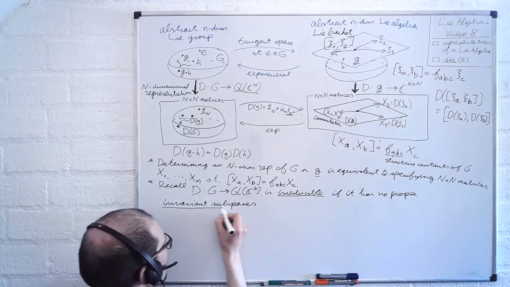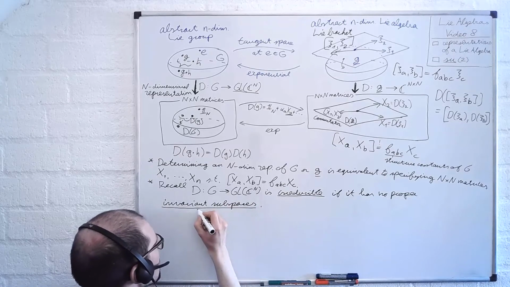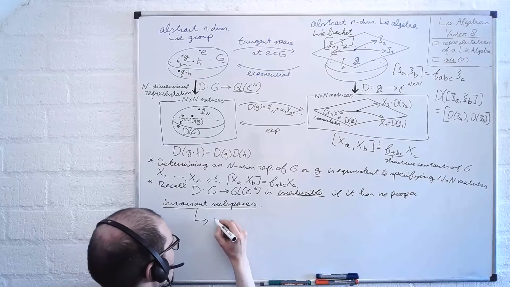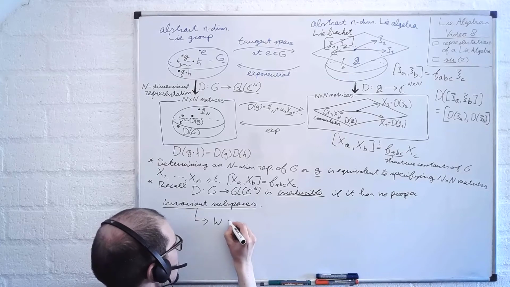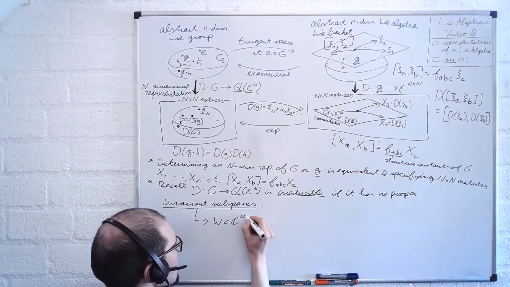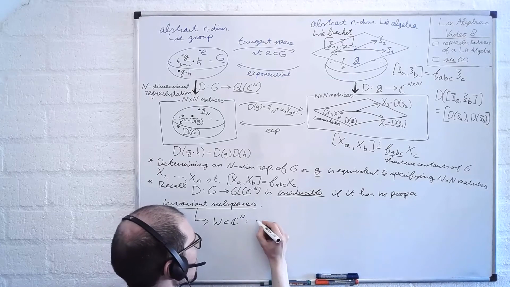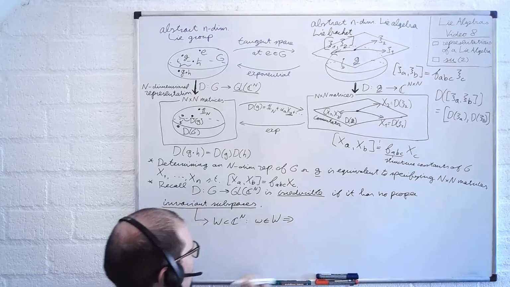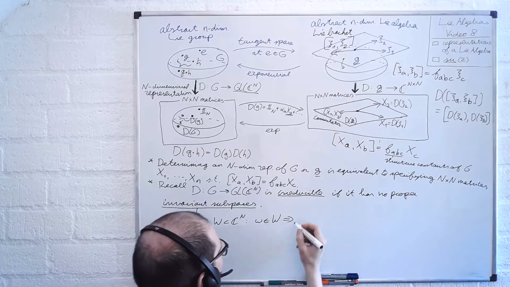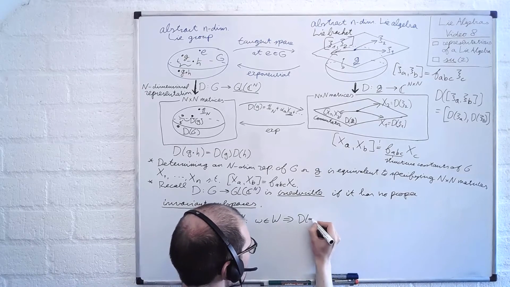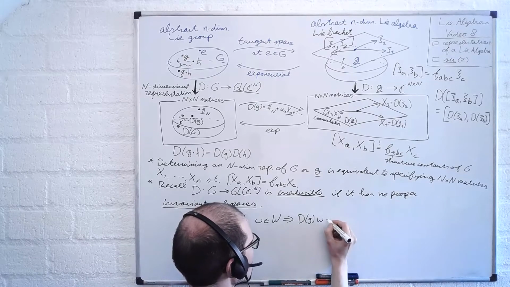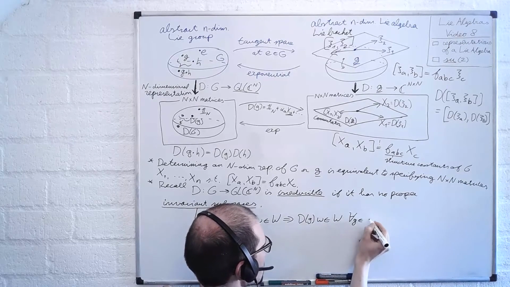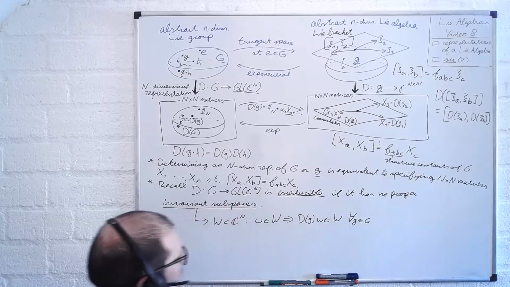Where, okay, so what was an invariant subspace again? Well, it was a subspace W, in this case of Cn, such that if I take any vector in W and look at all its images under all the matrices of the group, they're again in W, so for all group elements.